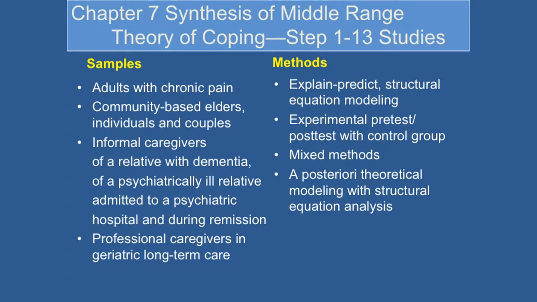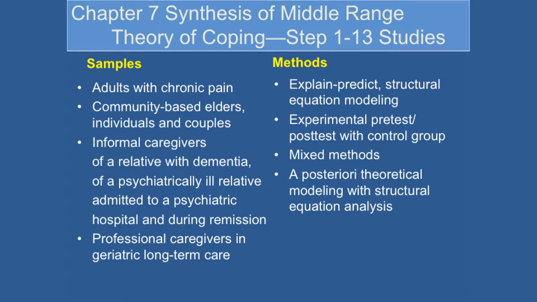And the samples included adults with chronic pain, community-based elders, individuals and couples, informal caregivers of a relative with dementia, of a psychiatrically ill relative admitted to a psychiatric hospital and during remission, as well as professional caregivers in geriatric long-term care.